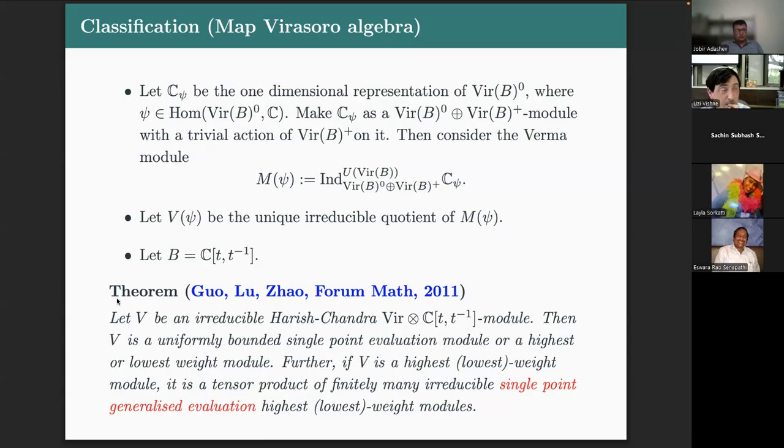Note that this is not a single point evaluation module, unlike the uniformly bounded case, but for the highest weight case, it is a product of finitely many irreducible single point generalized modules, as was done for C[t, t inverse].